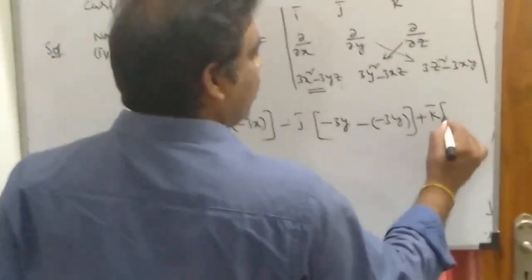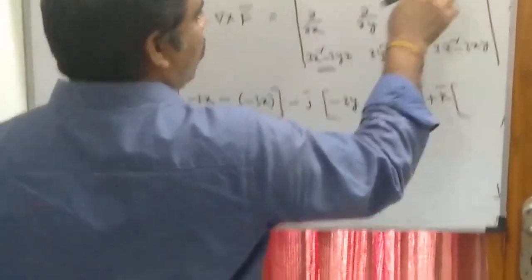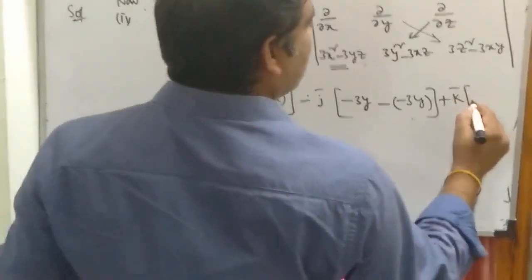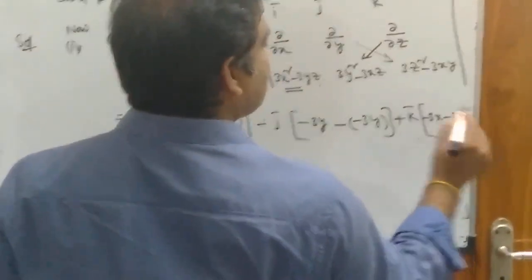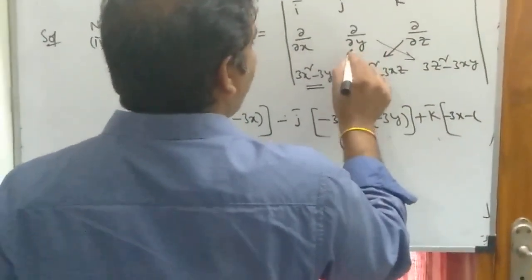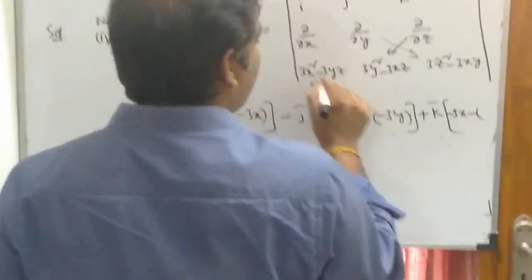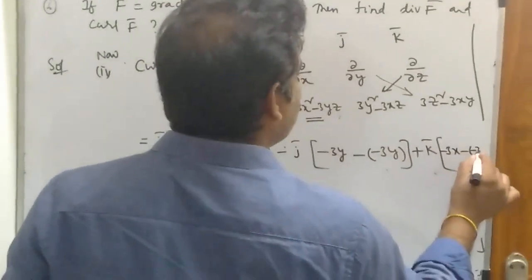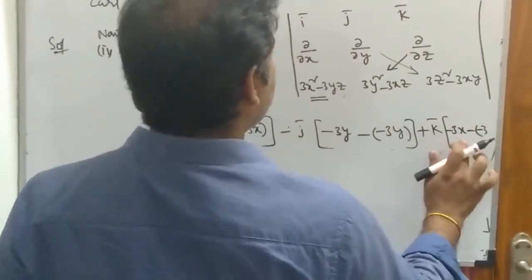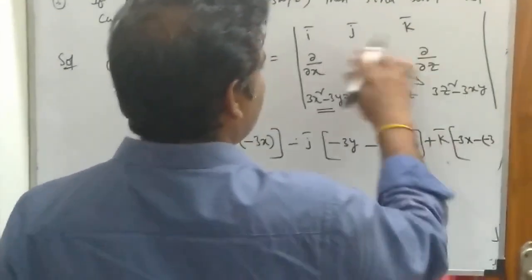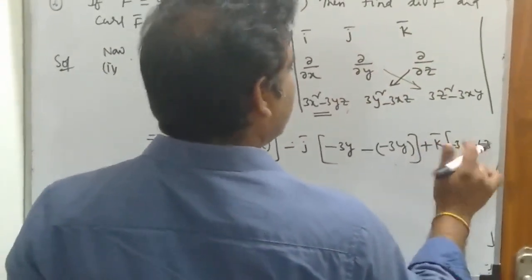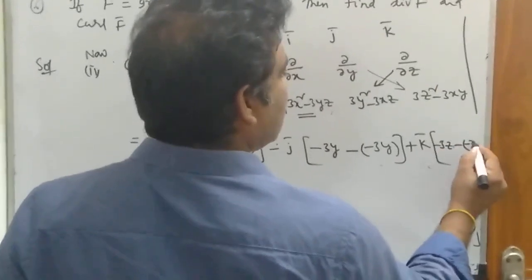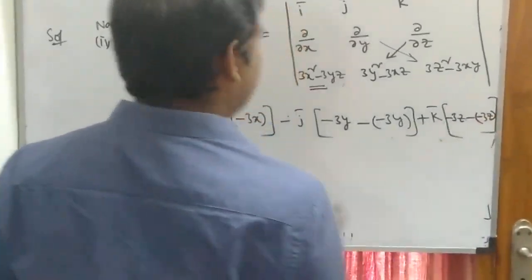Plus k bar into the last term dou by dou x of this term, minus 3x... minus dou by dou y of this one, this is 0... and this is also minus 3z.